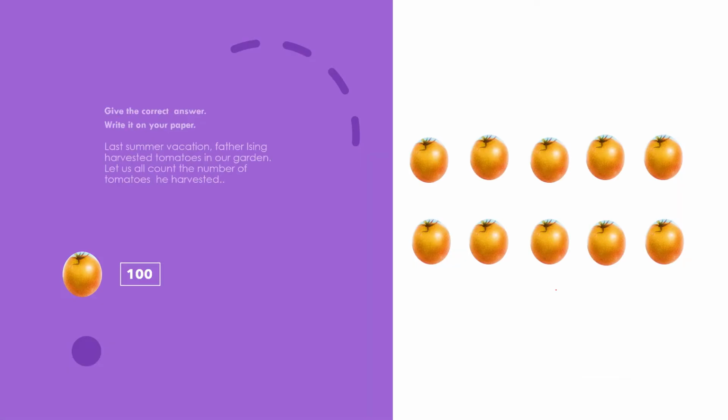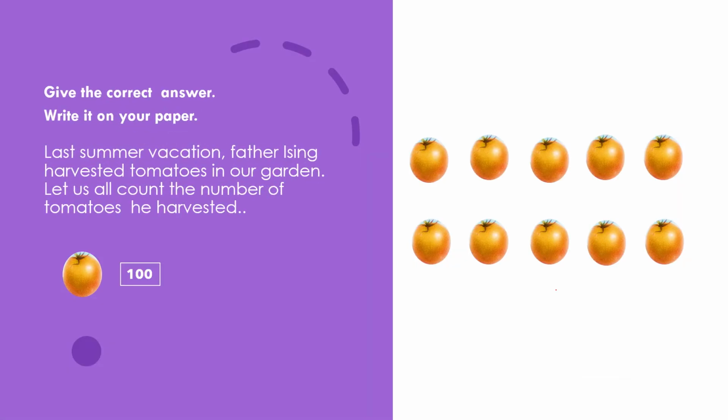Listen to the problem. Last summer vacation, Father Ising harvested tomatoes in our garden. Let us all count the number of tomatoes he harvested. If one tomato represents 100, how many tomatoes were harvested by Father Ising?